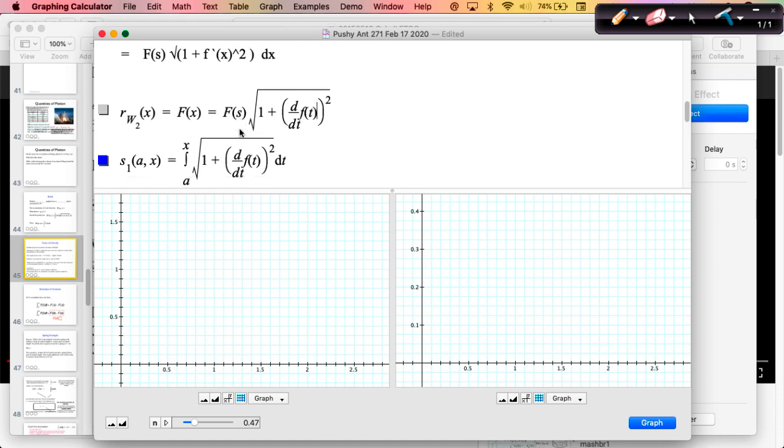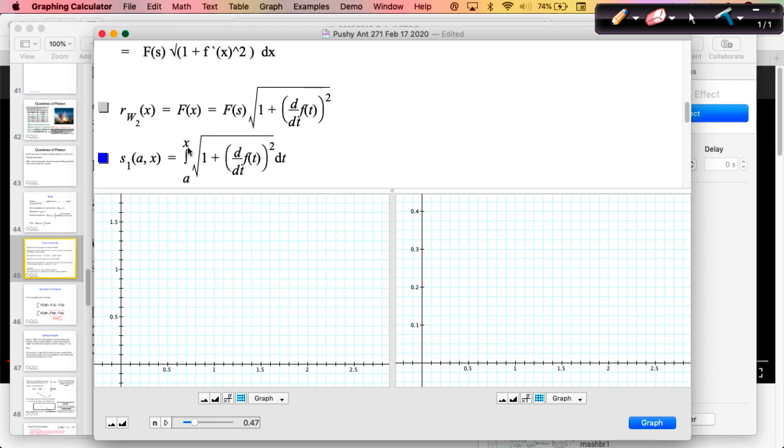Okay, and so where does the s come from? Well, s comes from our arc length function. So I'm going to substitute in that s right there into our force function. And this should be x. Okay, so there it is.